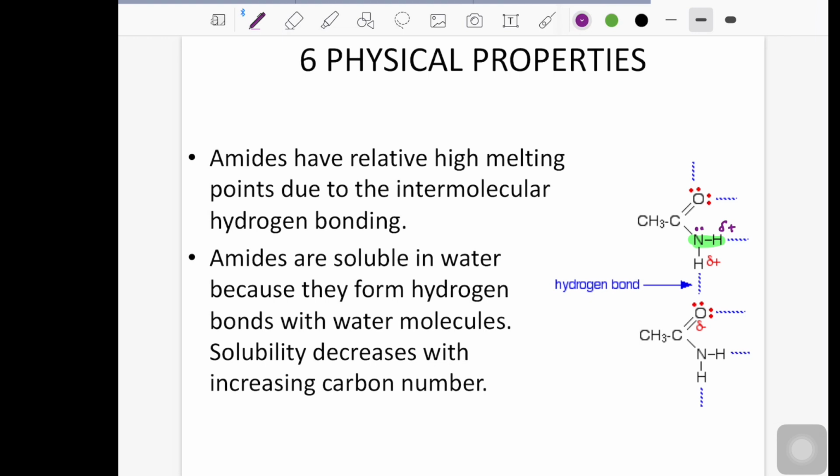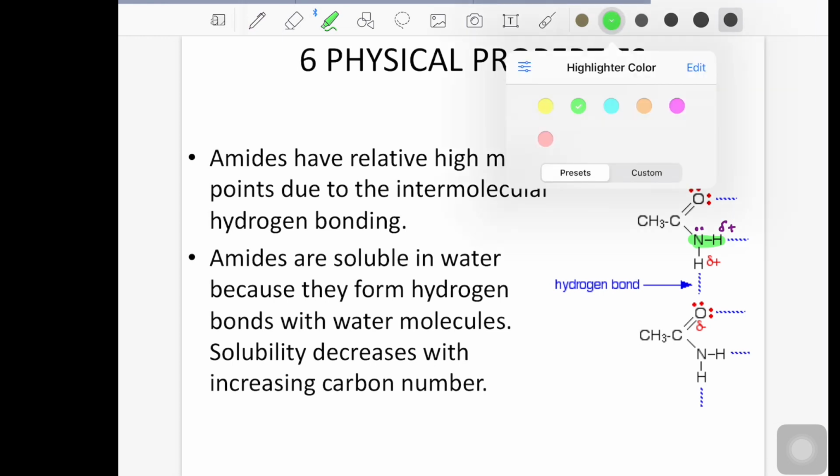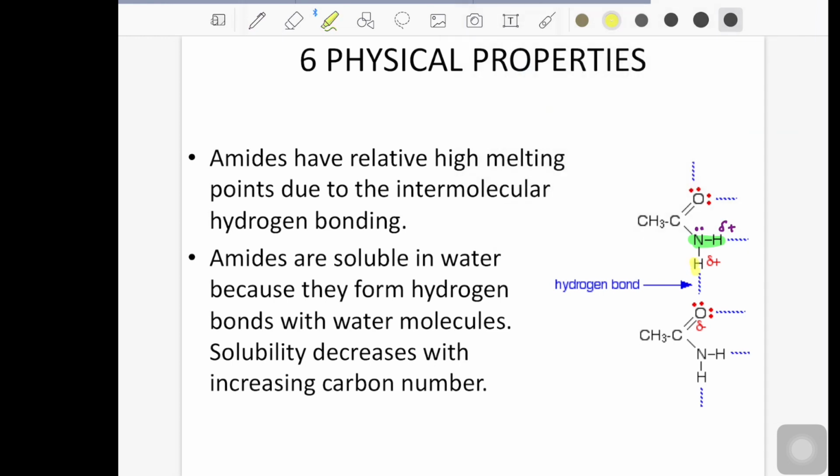So this diagram is showing you the hydrogen bond. Usually the hydrogen bond is between the positive hydrogen and the lone pair of the other electronegative element. So the one in yellow is your correct version of hydrogen bond. There's the delta plus on the hydrogen, and there's a lone pair on the oxygen.